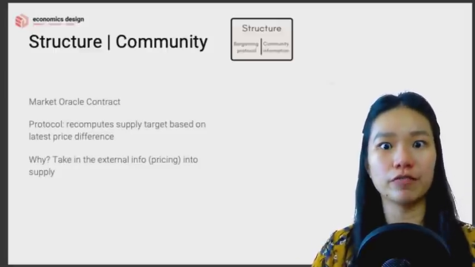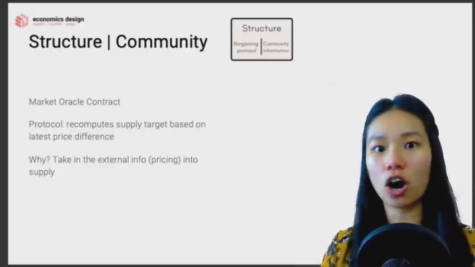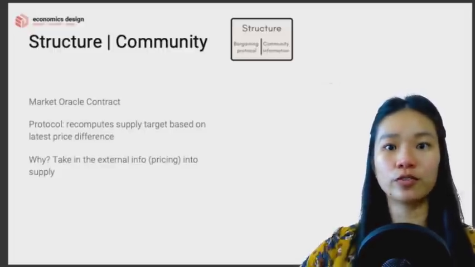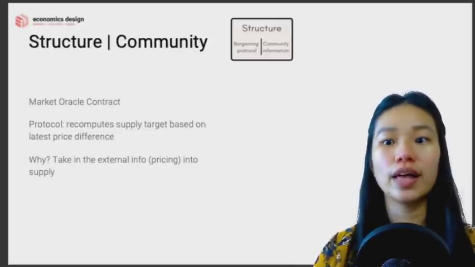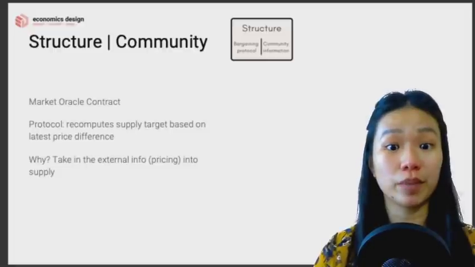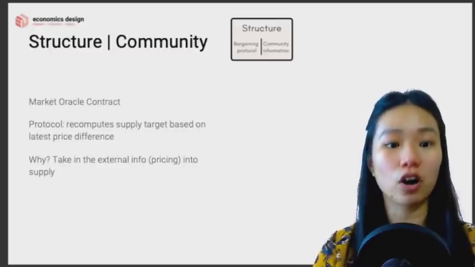Either users give you the information, oracles give you the information, or you somehow find some off-chain data that comes into your ecosystem. So that's where we have community information. And in the structure for community information of Ampleforth, we have a market oracle contract.